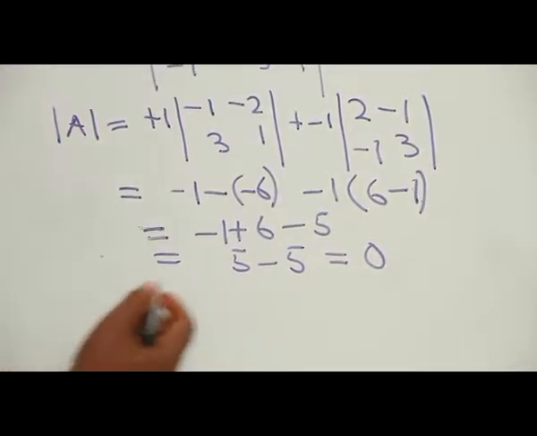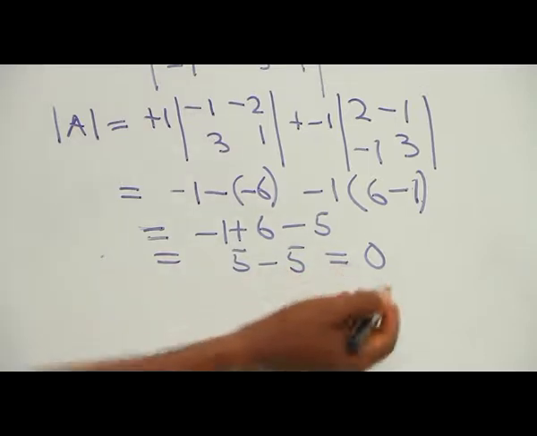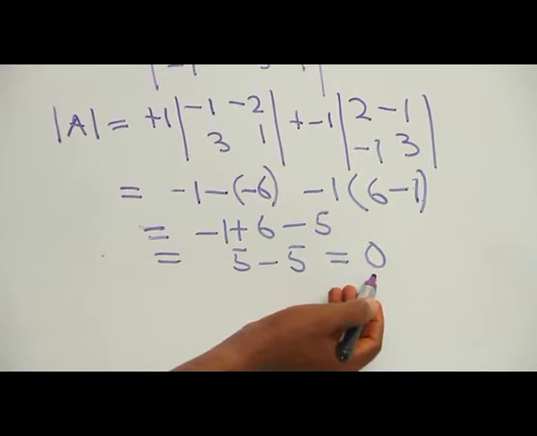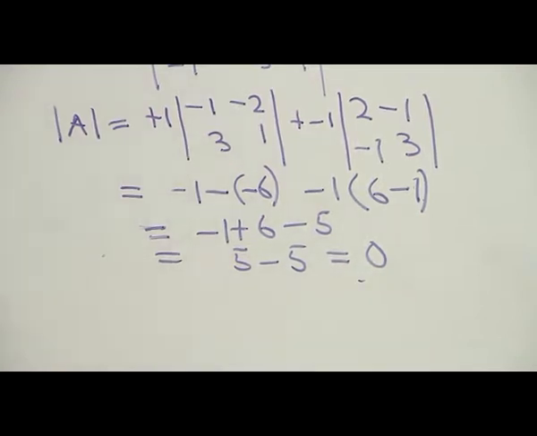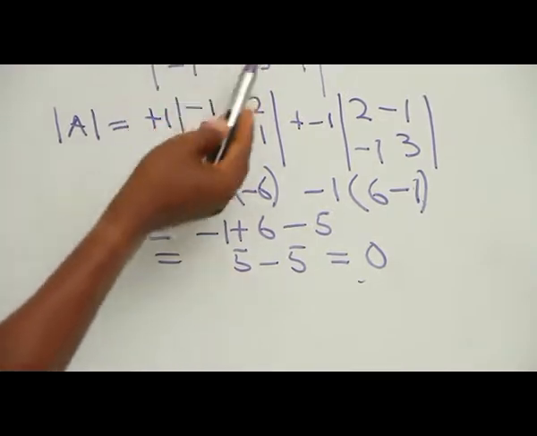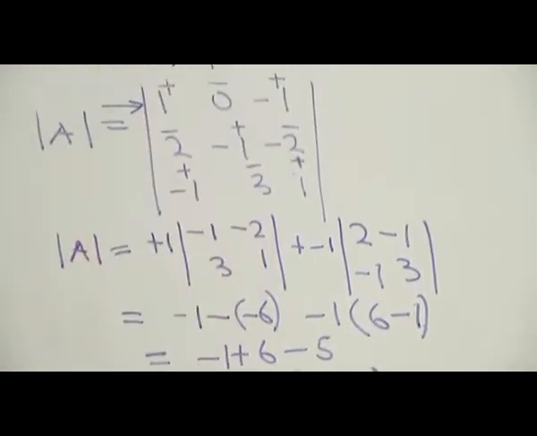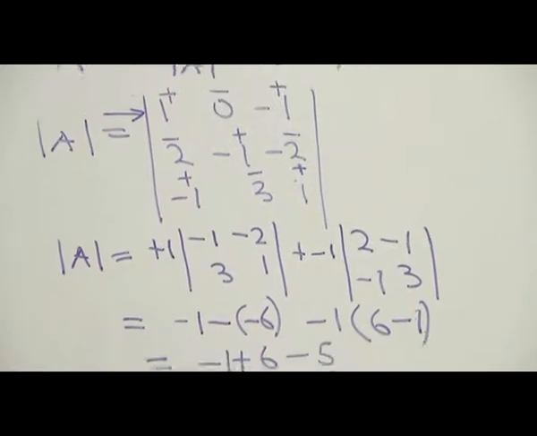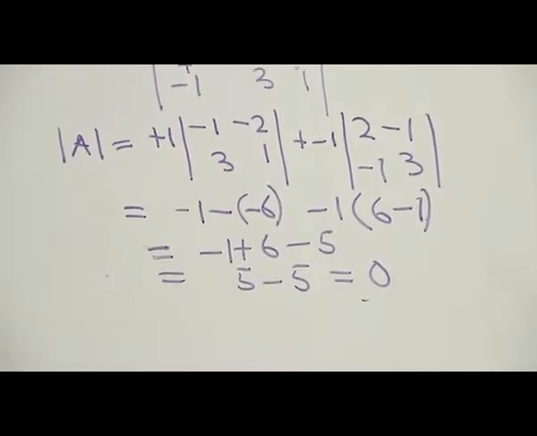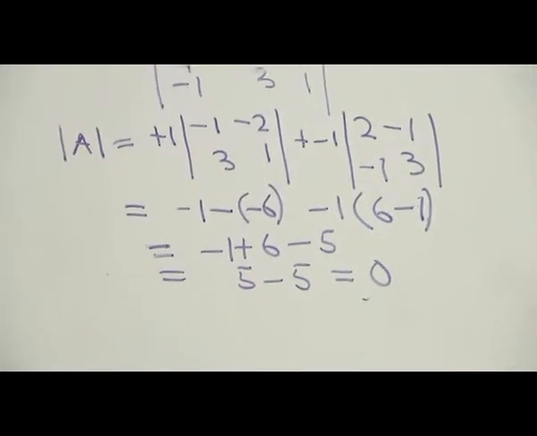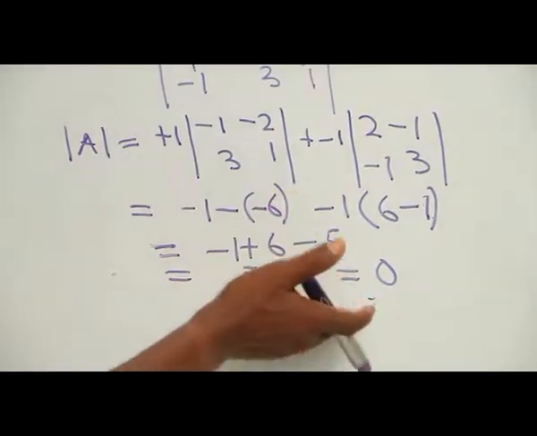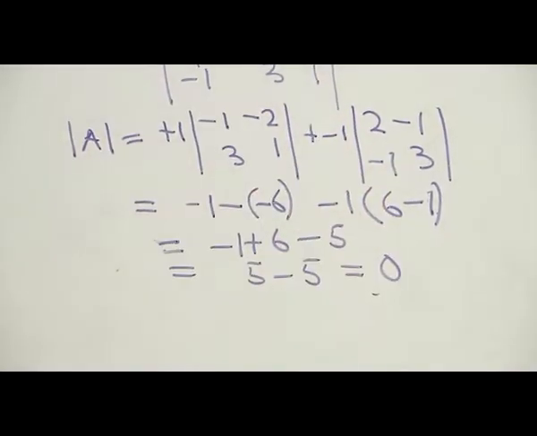Automatically, we are already having a problem, because we do know that division by 0 is not possible. At the end of the day, you will need to divide whatever the adjoint matrix is by 0, which is the determinant. This type of matrix is what we call a singular matrix. We cannot find the inverse of a singular matrix.